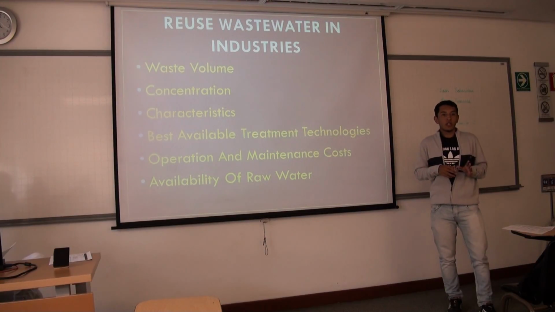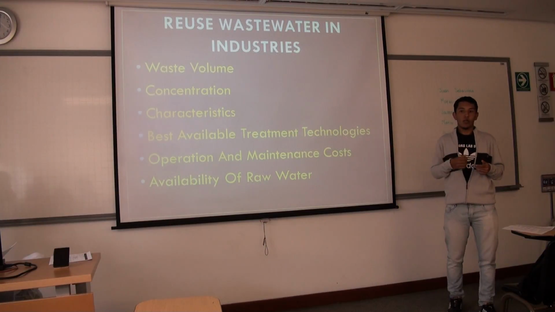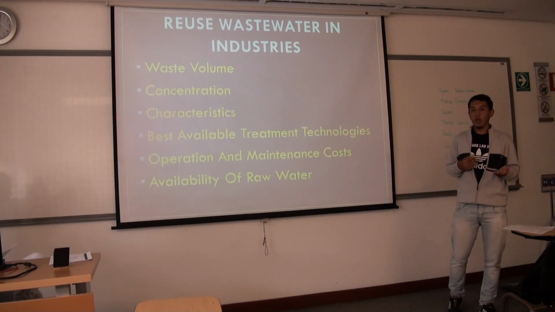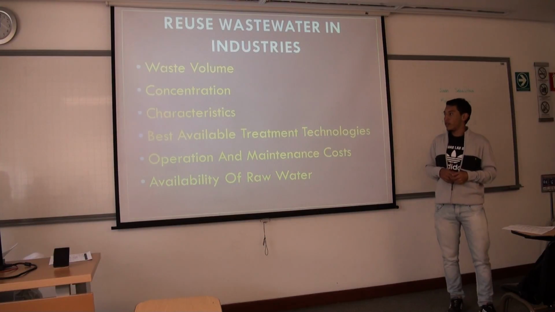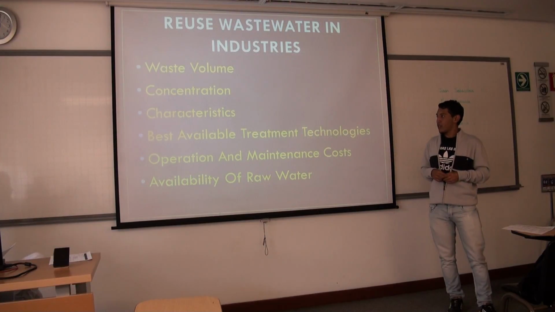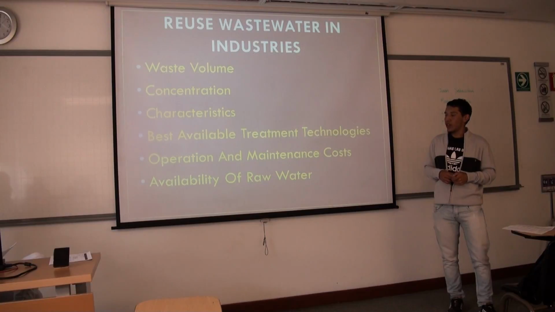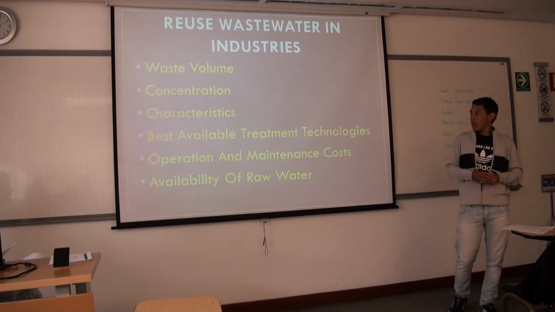So if the concentration is high, you must use a potential strategy in order to clean or to treat this water to reduce them. And then we have the characteristics in general of the water.